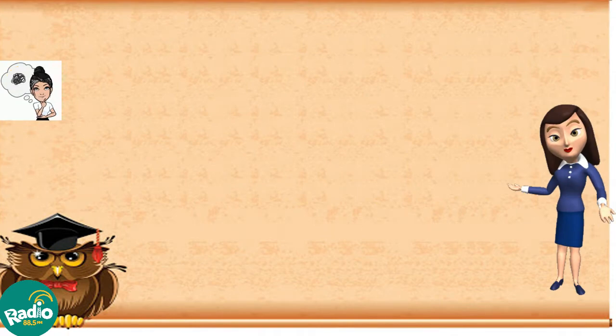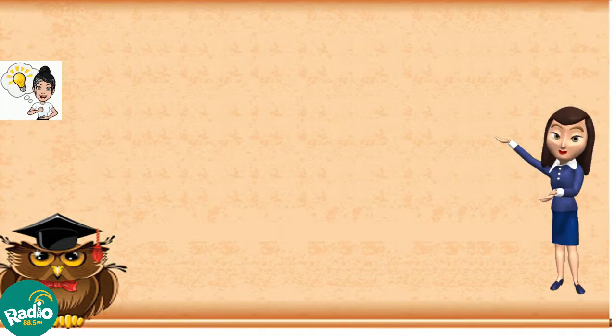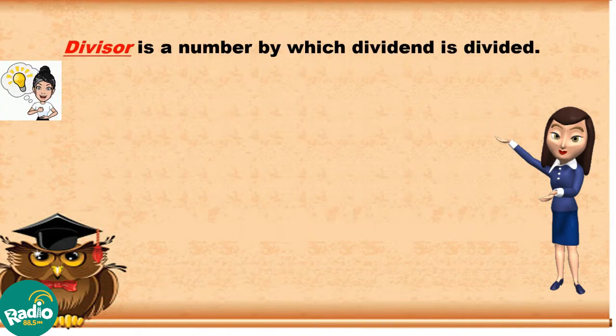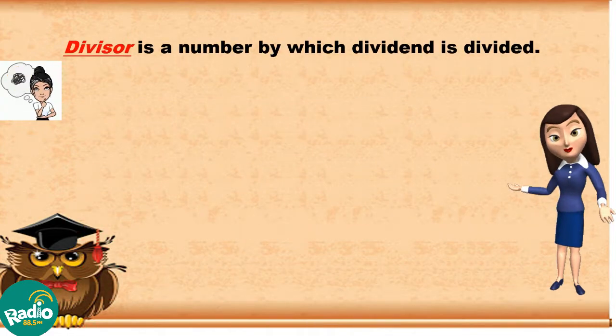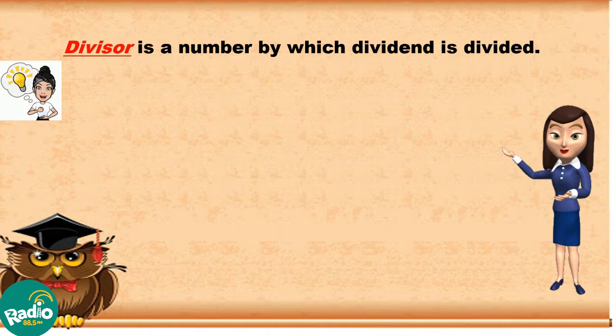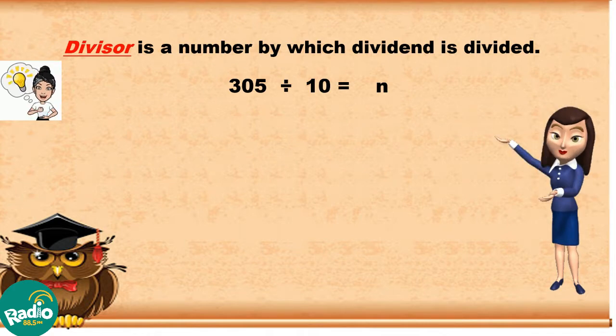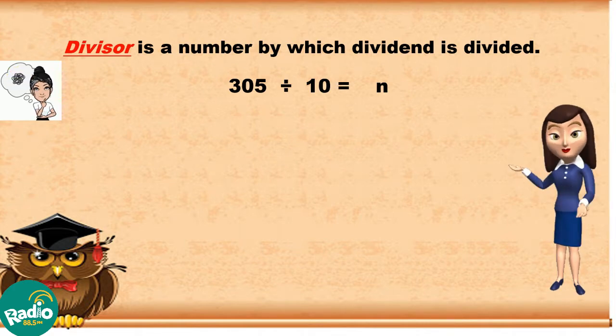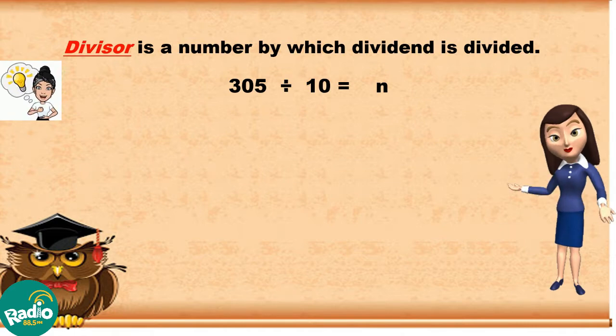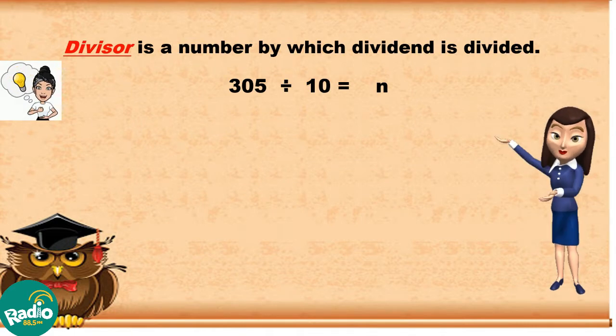So, when we say divisor, what does it mean? Very good! Divisor is a number by which dividend is divided. In our number sentence, which is 305 divided by 10 is equal to n, what is the divisor? Correct! The divisor is 10.